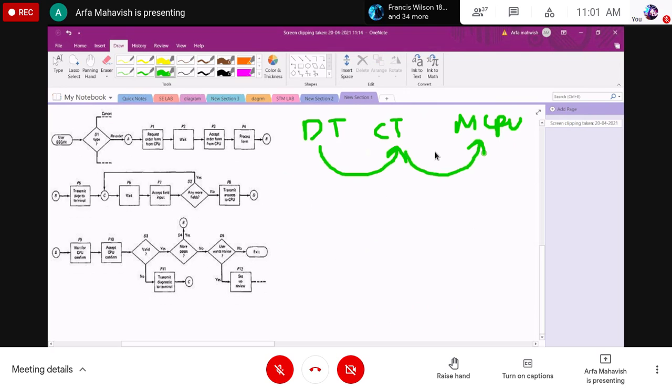Okay, two, and the CPU contains a set of forms, which will be filled by the user.